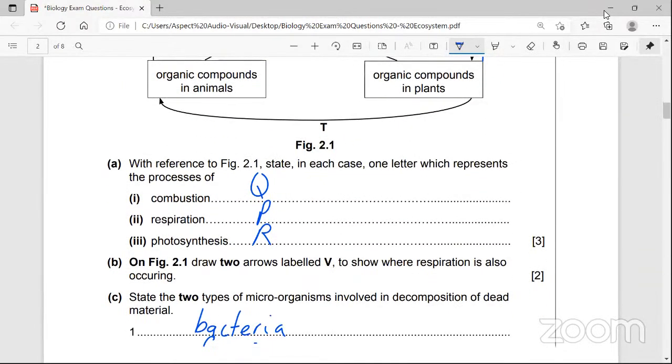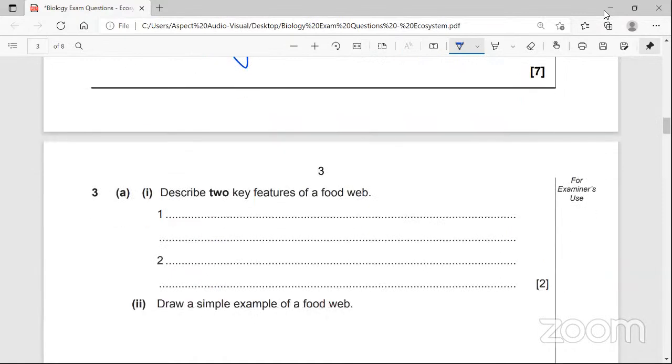Right, fungi there. Now I'll ask you to describe 2 key features of a web. I gave you this answer, guys. So can you please tell me, Mamsi, what's the answer? Thank you. Multiple food chains.